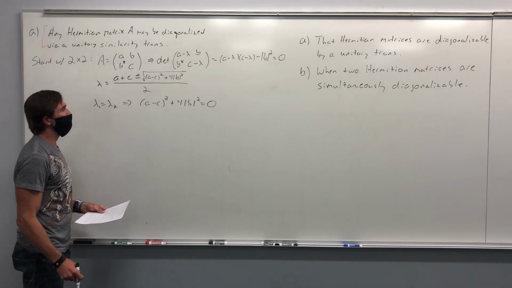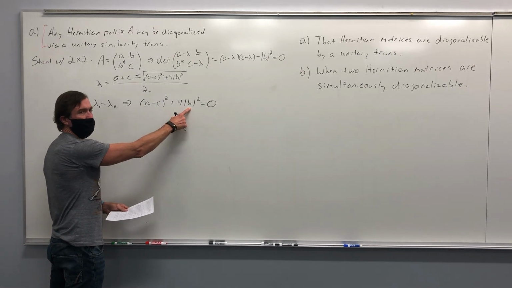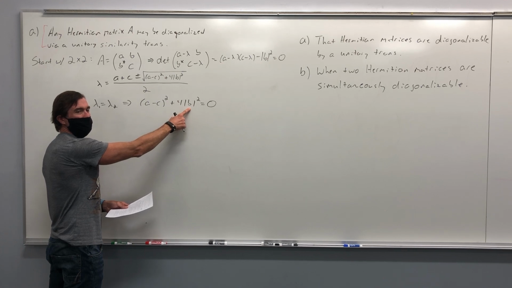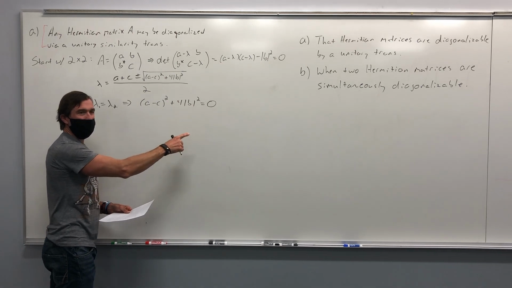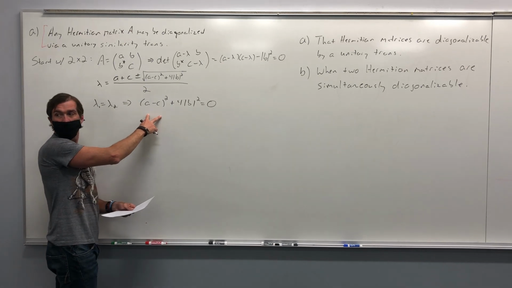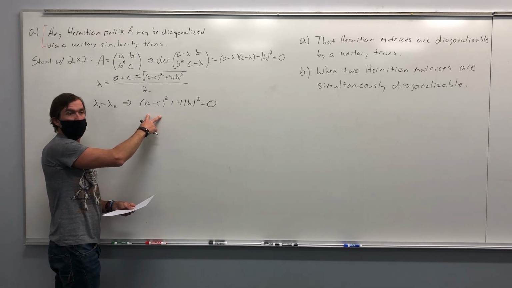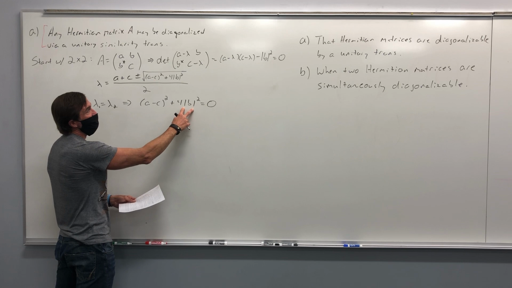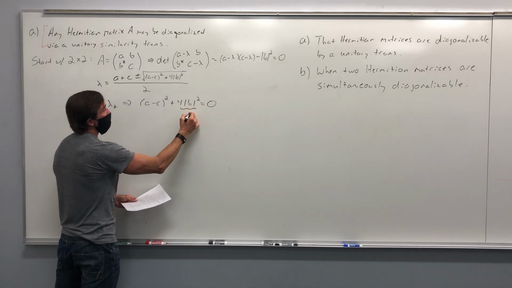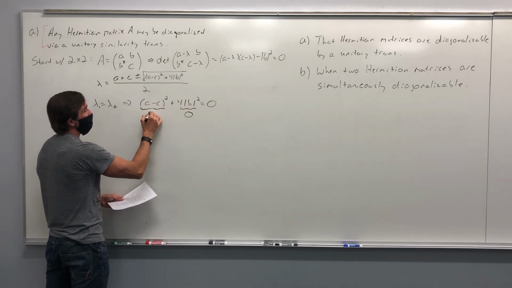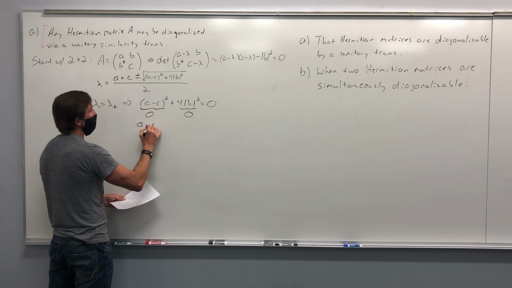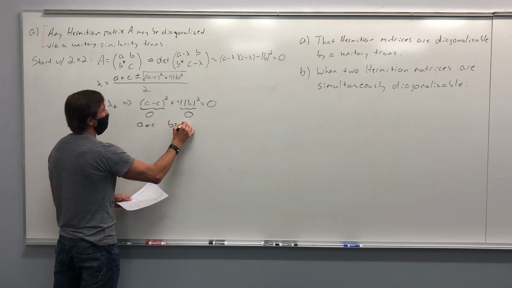What does this imply about B? This is a squared term plus a squared term, so this is going to be 0, and this is going to be 0. So A equals C and B equals 0.